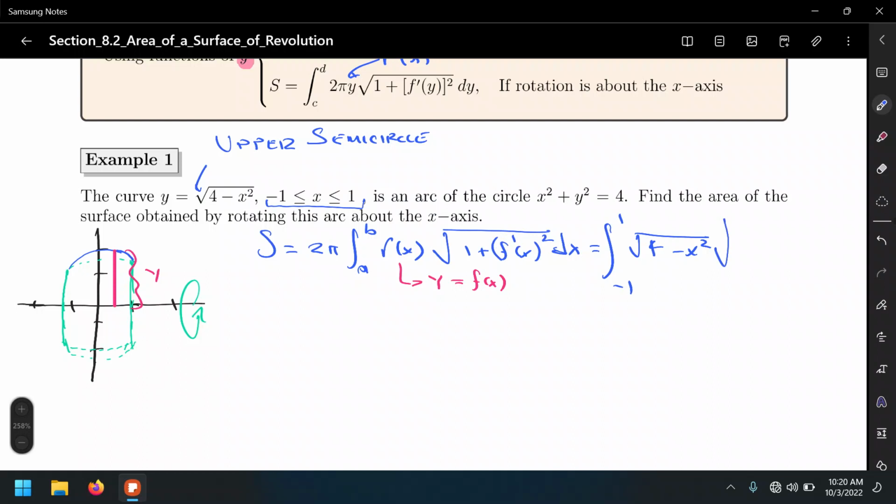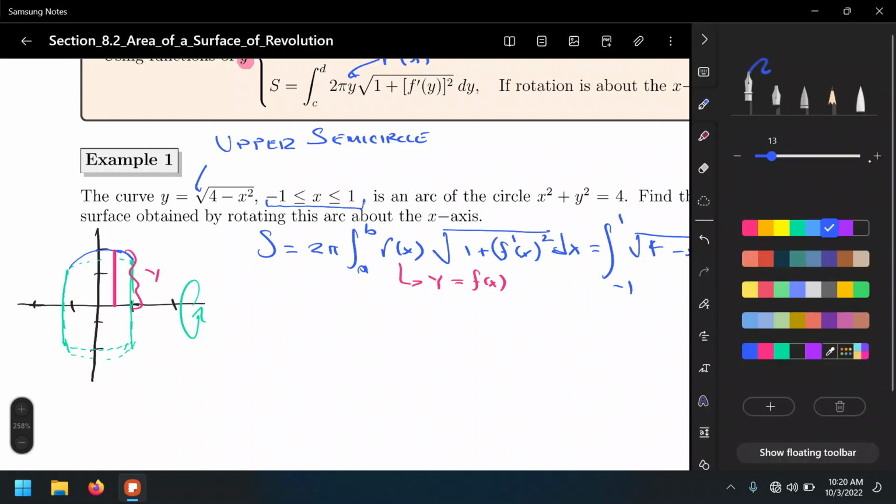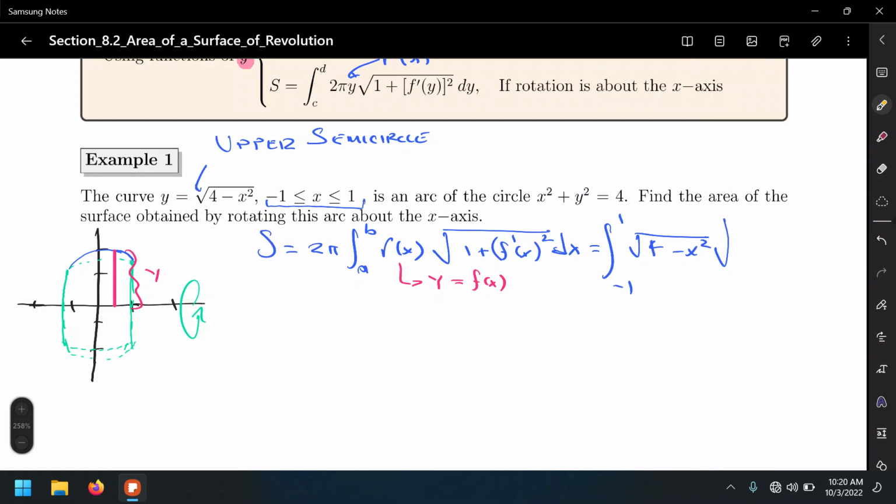So let's spend a couple of steps finding the derivative of the function f of x. So number one, this is y equals 4 minus x squared to the 1/2, so that we can find the derivative of the function.